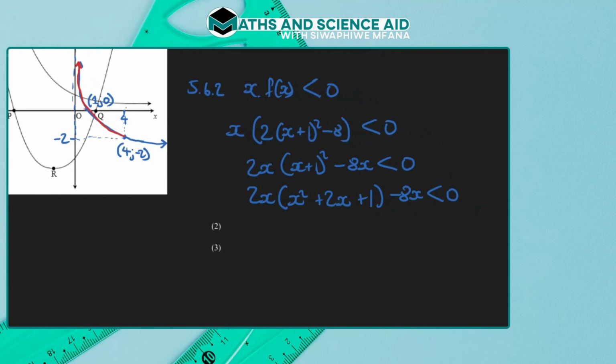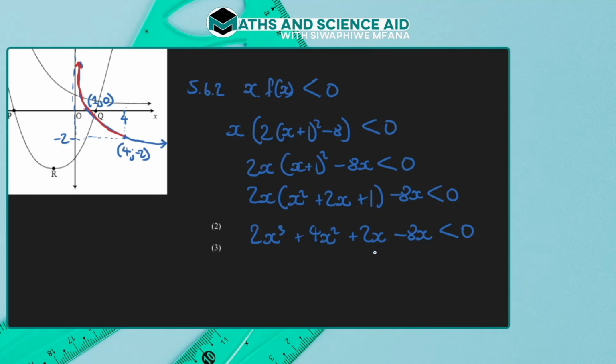And now the next thing is to multiply by 2x into the bracket. So this gives us 2x cubed plus 4x squared plus 2x, and then we carry down negative 8x. All of that is less than 0.